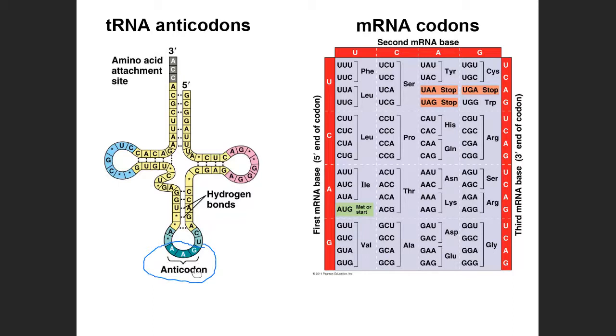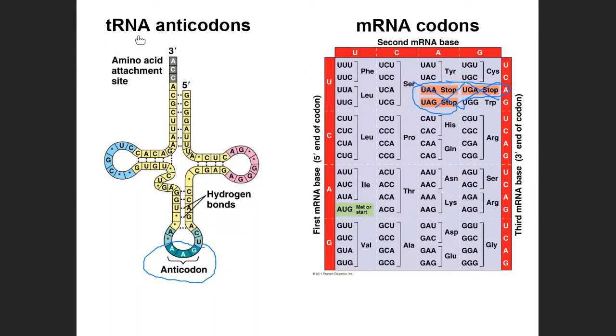Except an anticodon is a base triplet that complements any one of these mRNA codons, except for the stop codons. These three stop codons here, there are no transfer RNAs that have an anticodon that complements a stop codon. So make sure you make a note of that.